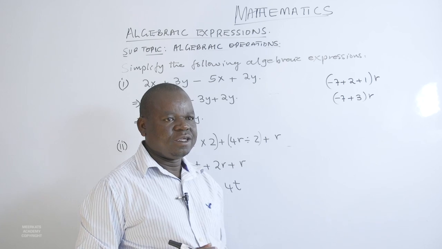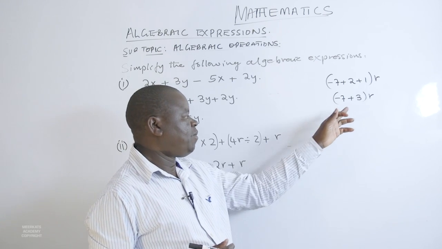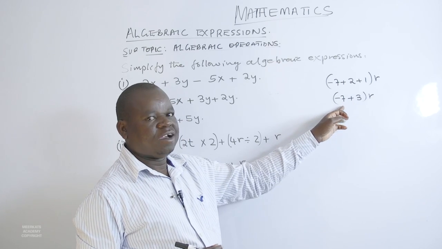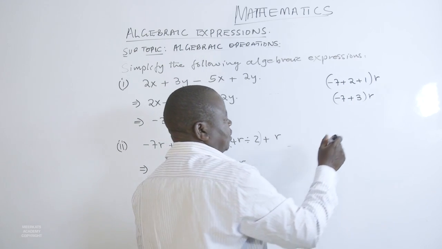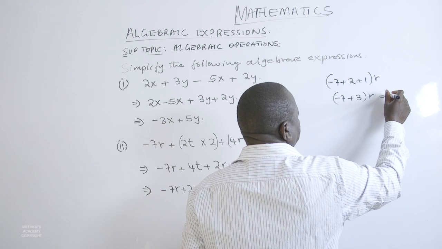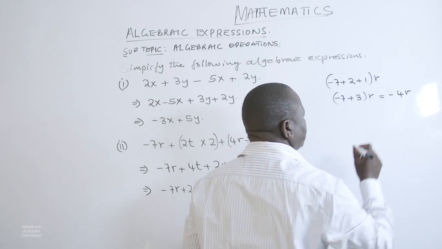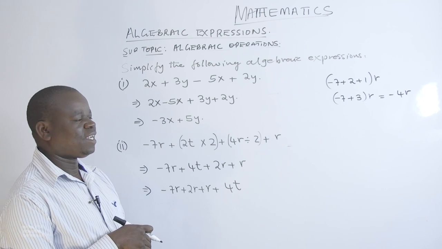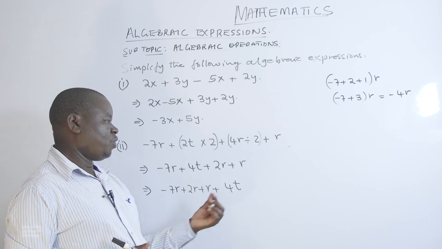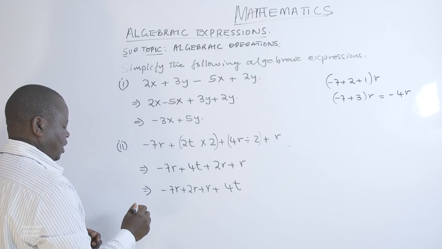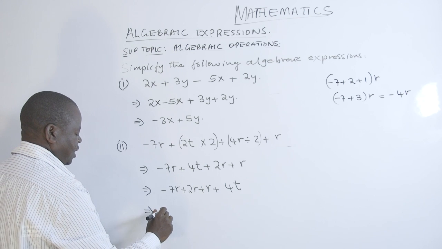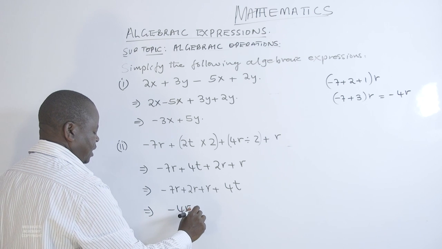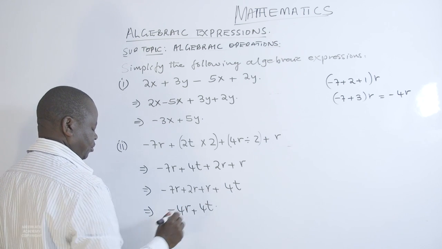So what I need is far more than what I have. So that means I still have what we call a deficit, and that will be negative 4r. So once we get that, we have 4t. So we can write this one as minus 4r plus 4t.